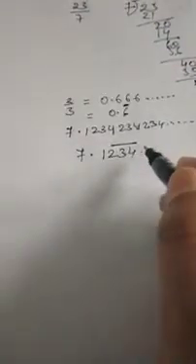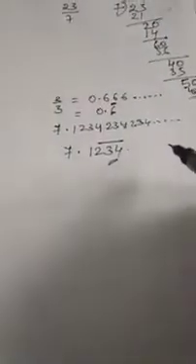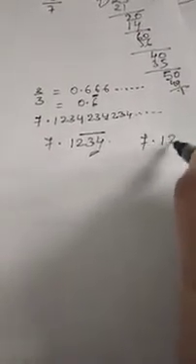It shows that 2 3 4 is repeating. This kind of decimal is known as a non-terminating recurring decimal. Okay, and one more way to write it: 1 2 3 4, and above 2 and 4, if we give a dot, this shows that 2 3 4 is repeating. Either you can give a bar or this 2 dot.